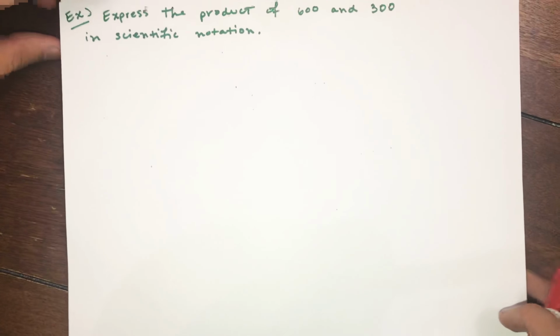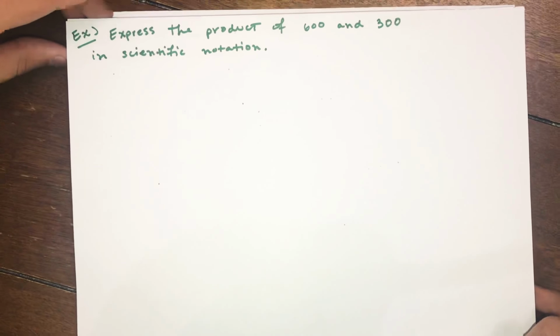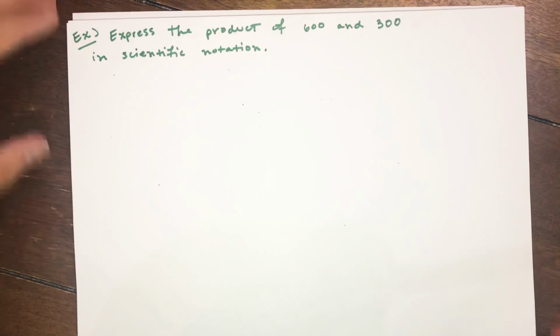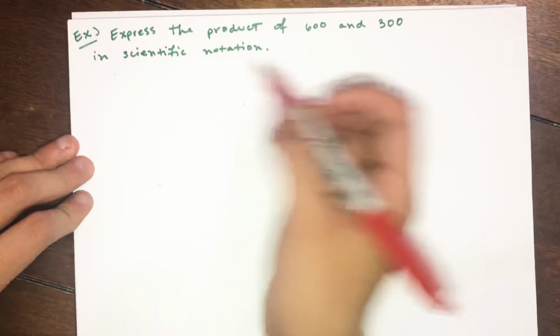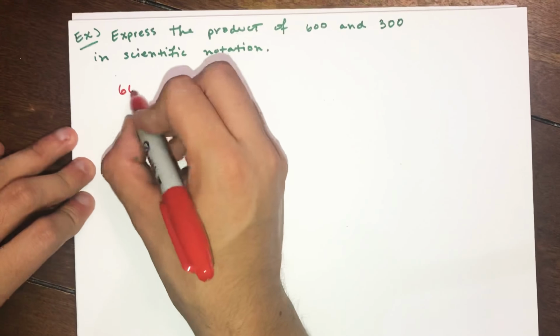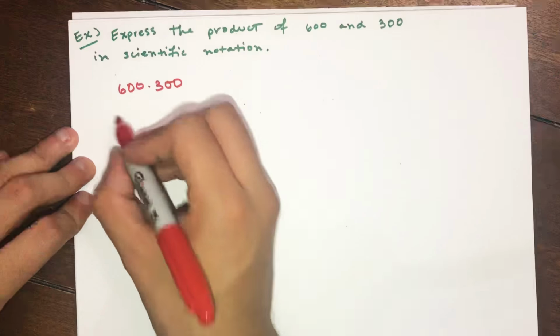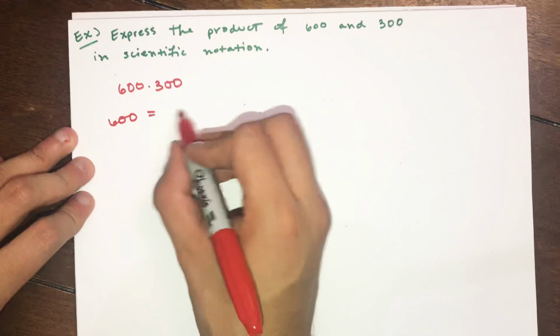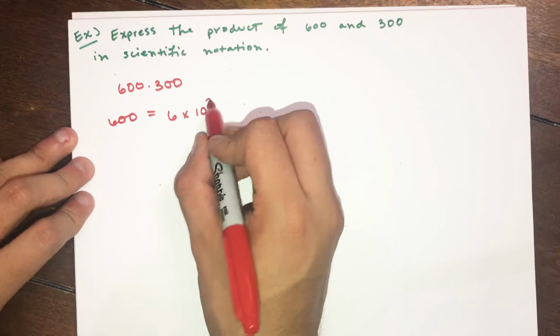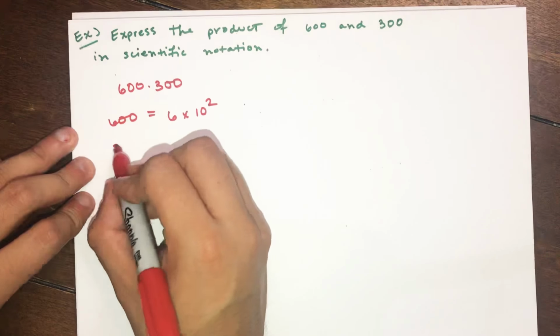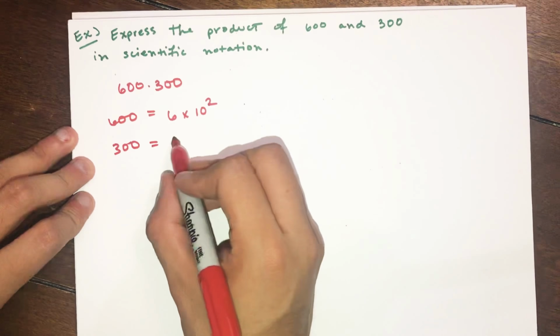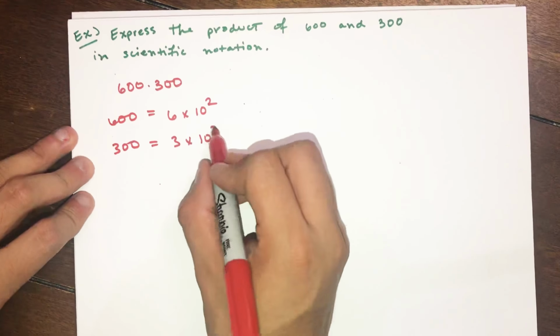So it says express the product of 600 and 300. Let's do the detail method again. So 600 times 300. 600 is the same thing as 6 times 10 squared, and 300 is the same thing as 3 times 10 squared.